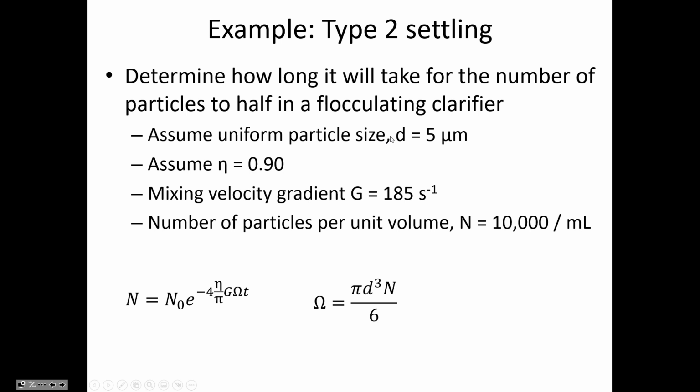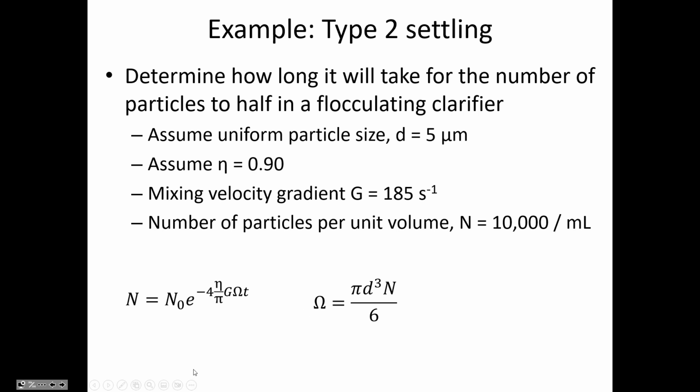By the way, this diameter of 5 microns is 5 times 10 to the minus 4th centimeters. The reason I've specified that in centimeters is that our number of particles per unit volume, 10,000 per milliliter, is the same thing as saying that we have 10,000 particles per cubic centimeter.